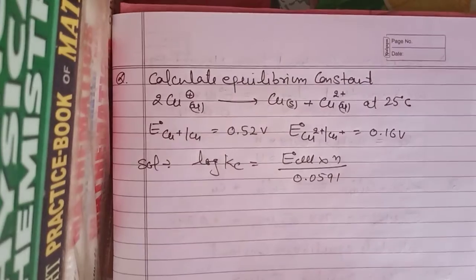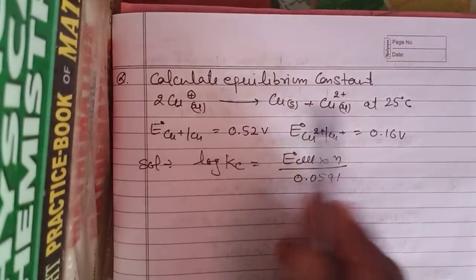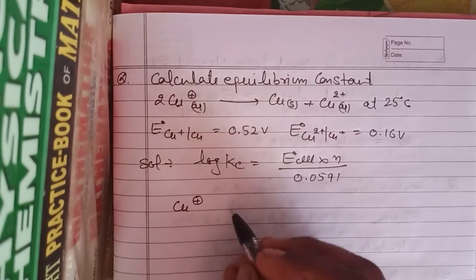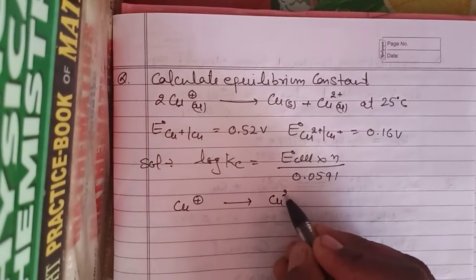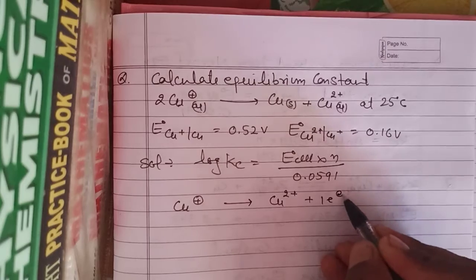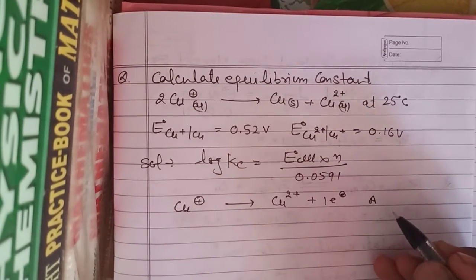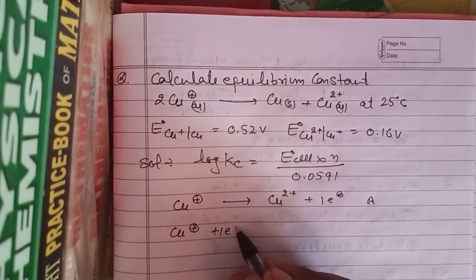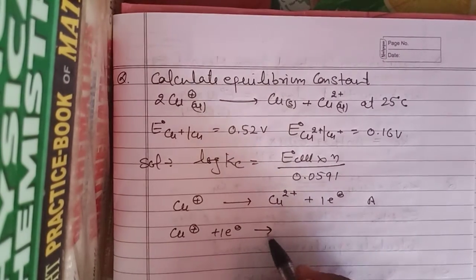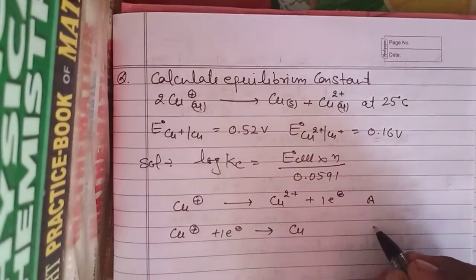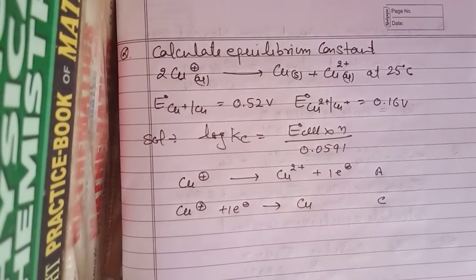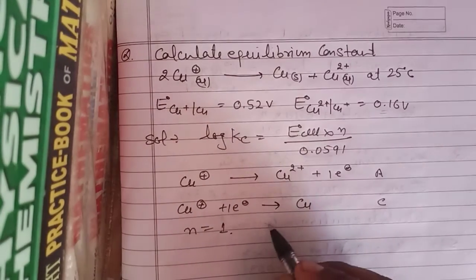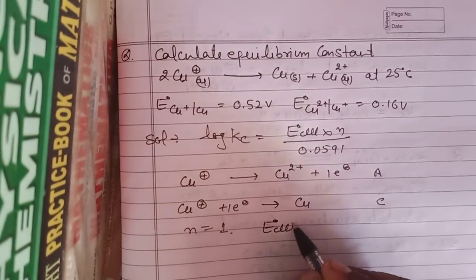This is a disproportionation reaction: a single species is oxidized and reduced. So Cu+ is converted into Cu2+ by the loss of one electron. That means this is your anode, and Cu+ by gaining one electron is converted into Cu. This is your cathode. So n is equal to 1.